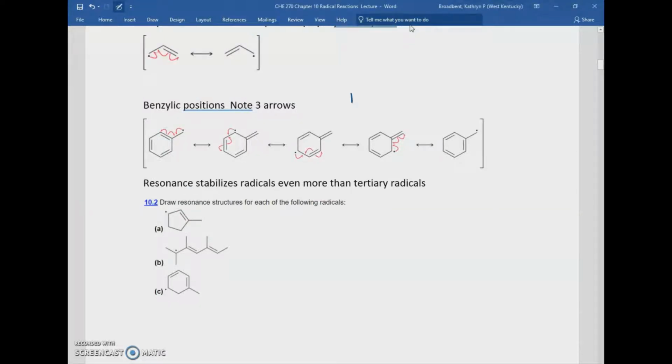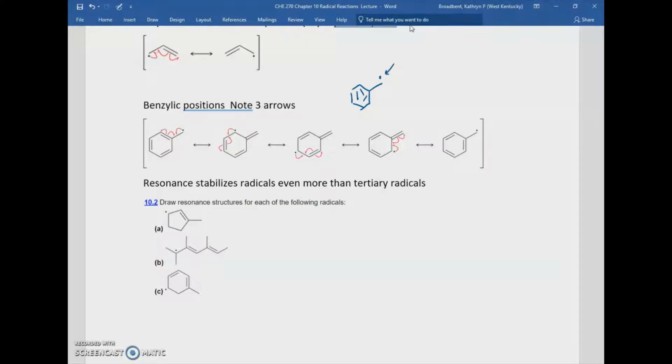A free radical in a benzylic position, which would be here, is also very stabilizing because you can make all these resonance structures. So if you're ordering the stability, resonance stabilizes the radicals even more than being tertiary. So if you have a choice and you're trying to figure out which one's more stable, the ones with resonance are more stable, and then the tertiary, and then the secondary, and then the primary are not very stable at all.